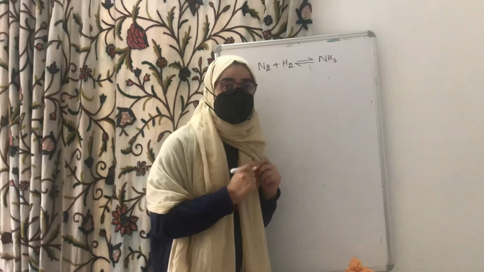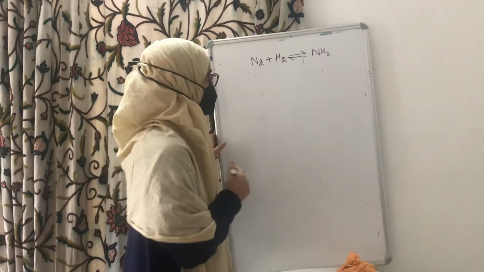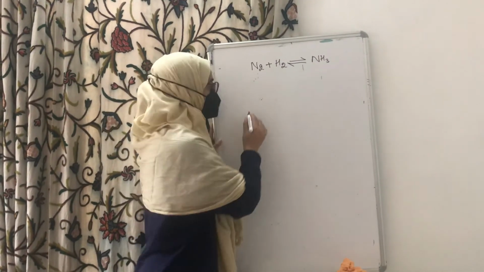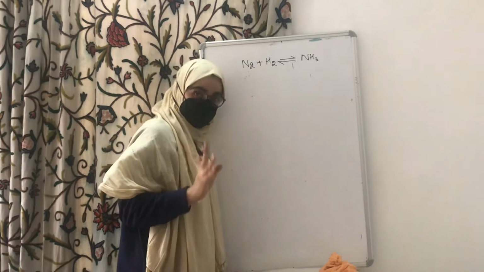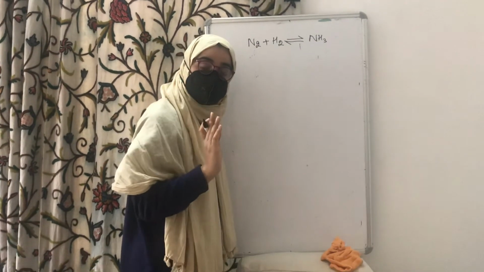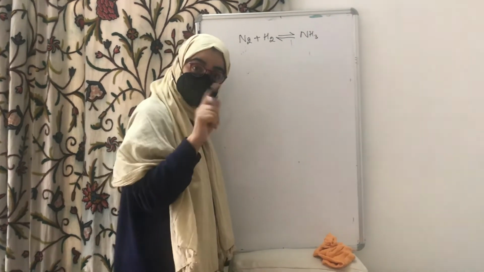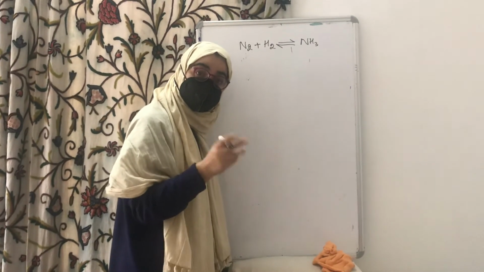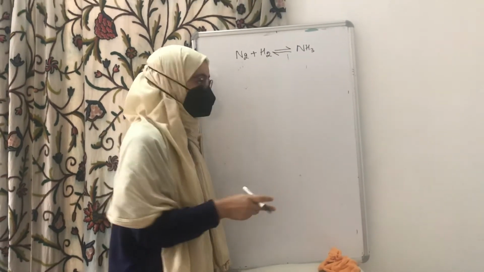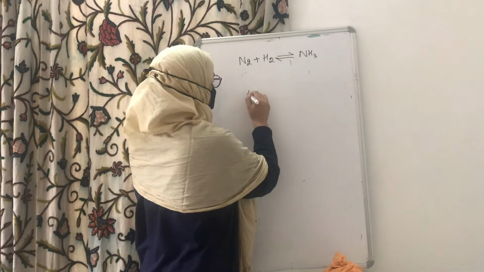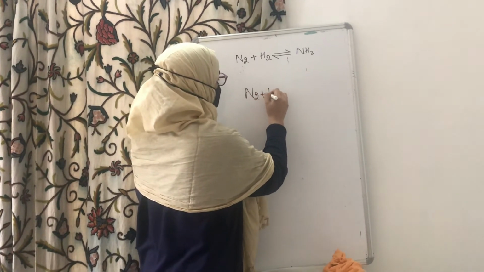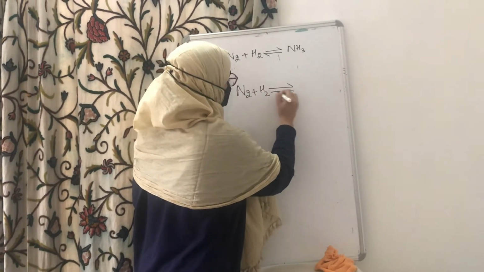How is that possible? I will tell you. Let's take this reaction again. For any process to occur, there is a driving force and there is an opposing force. There are two forces. For this reaction, let's say N2 plus H2 gives NH3.